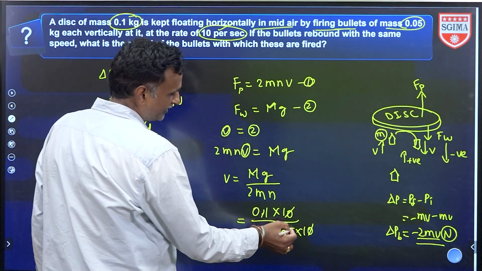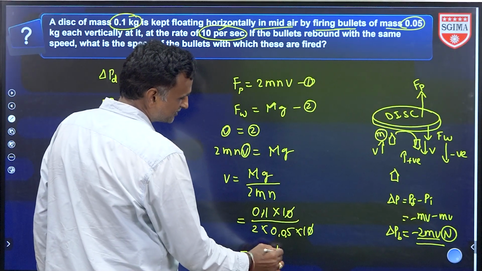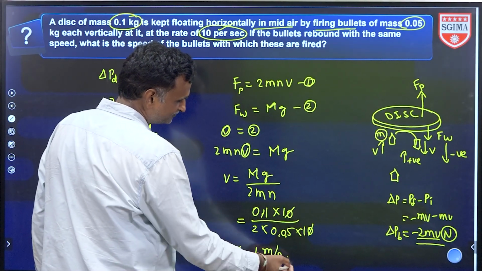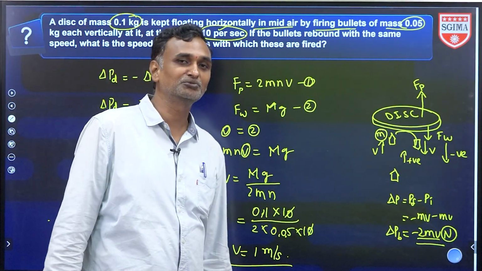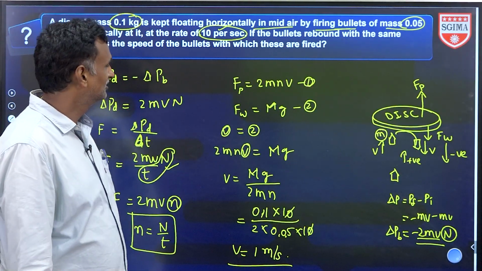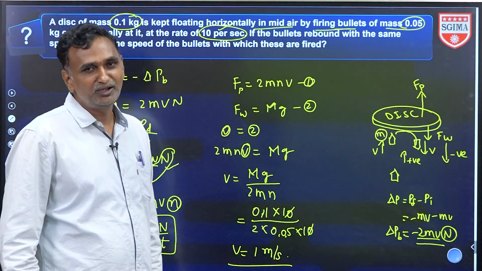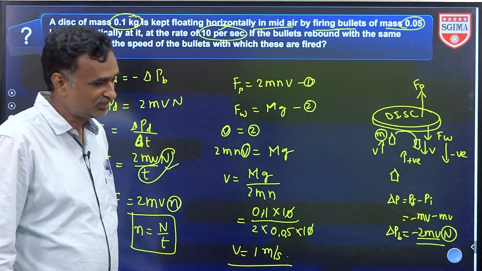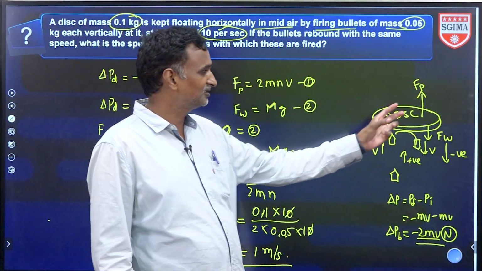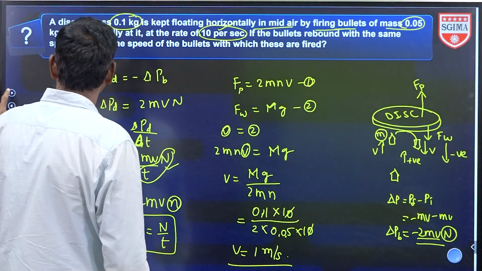And here 0.5, 2 cancels. So we can take it as 1 meter per second. Each bullet is fired with a velocity of 1 meter per second. So this is the way we need to solve the question: how a momentum change is involved, how it imparts the force, and that force is responsible for balancing the weight force. Let us move on to the next slide.